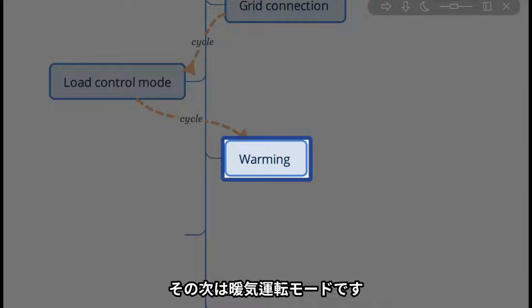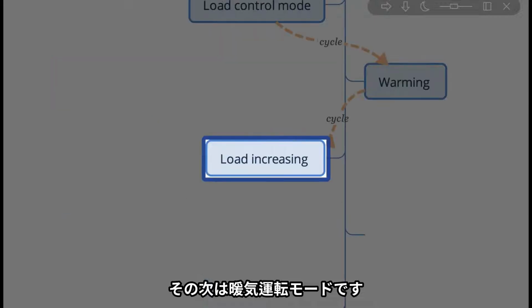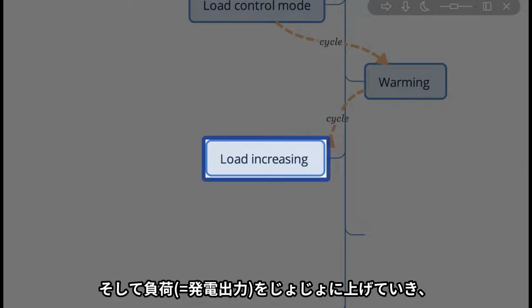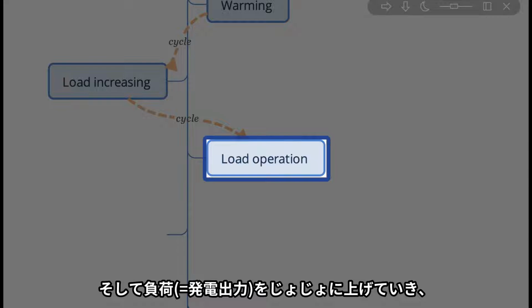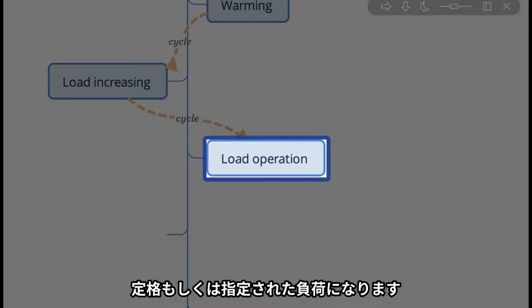From the load control mode we go into the warming or warm-up phase. After the warm-up phase we go into the load ramp-up or increasing phase. After that we go into the load operation phase.